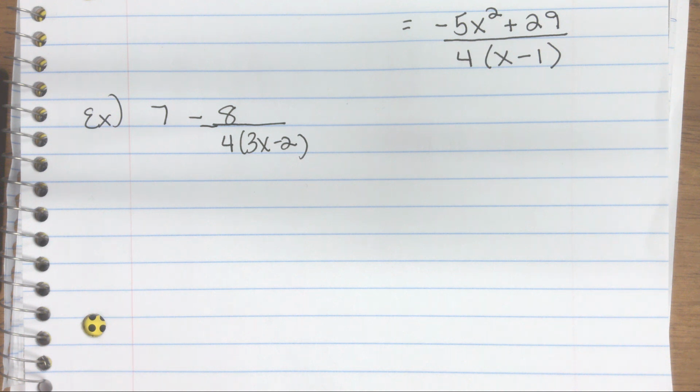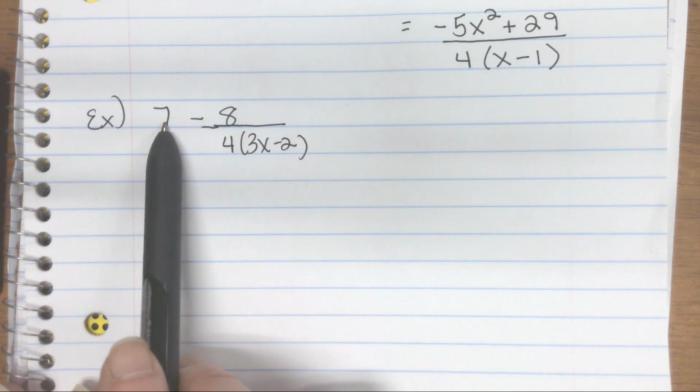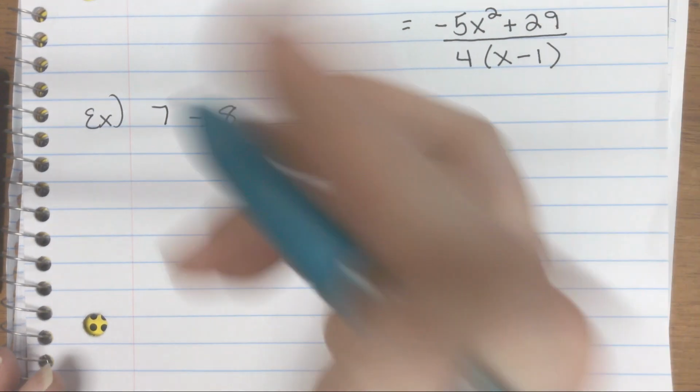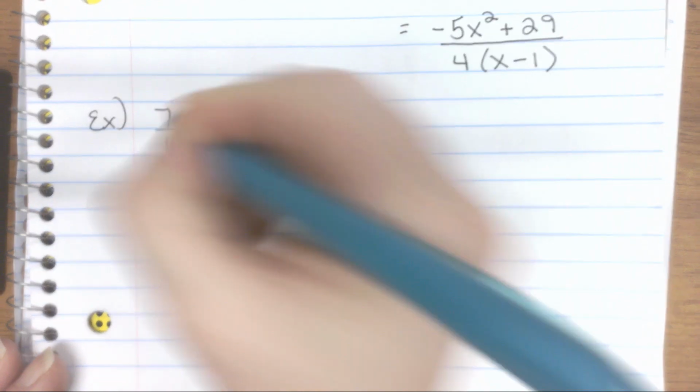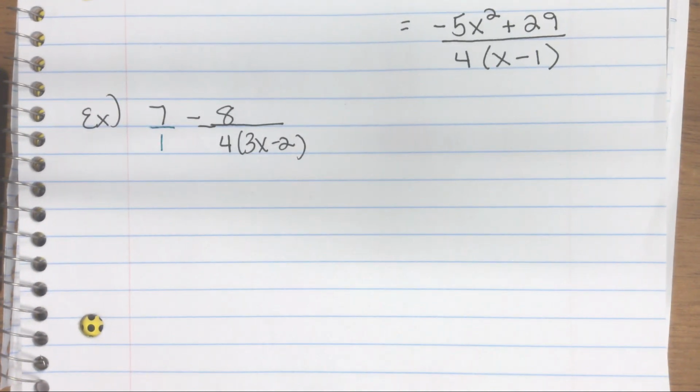So if you see something like this, we're going to go back to the old concept of you can write a whole number as a fraction by doing what? Putting it over 1. What this means really is the denominator there is 1. Okay.